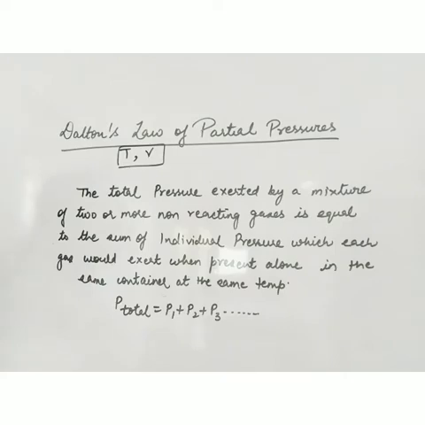This is the statement of Dalton's law, that the total pressure exerted by a mixture of 2 or more non-reacting gases is equal to the sum of individual pressure which each gas would exert when present alone in the same container at the same temperature. And we can write P total is equal to P1 plus P2 plus P3. So this is Dalton's law.